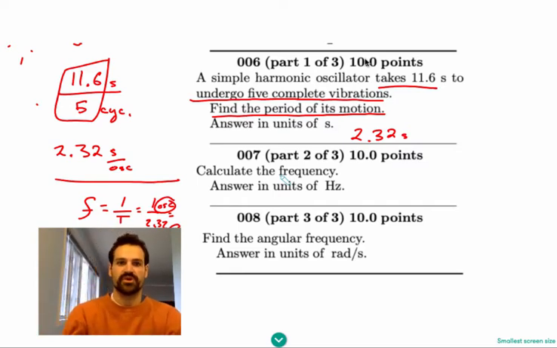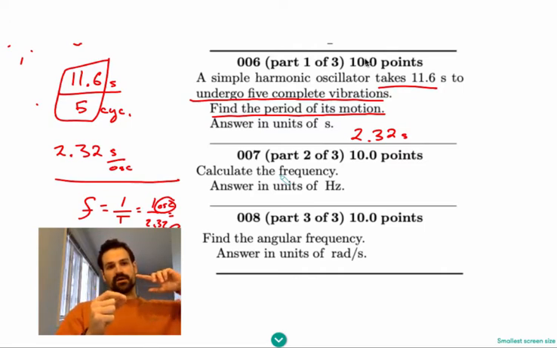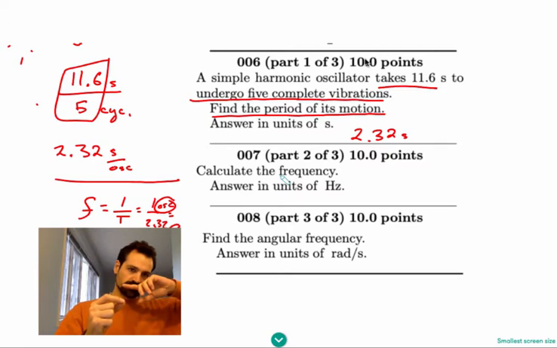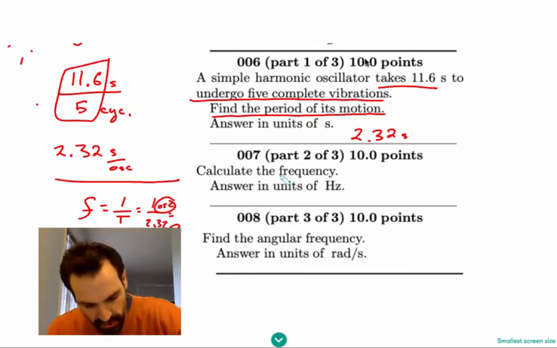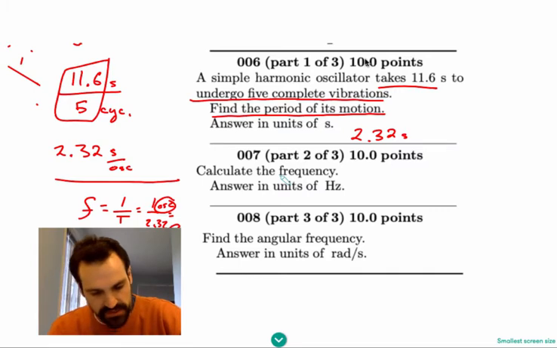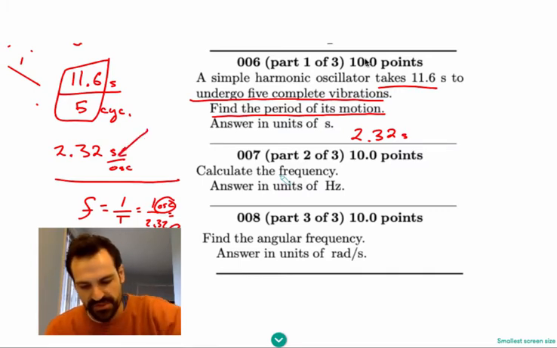Now, this is a good time to talk about frequency and period and how they're inverses. Both of them tell you the exact same information. It tells you it takes 2.32 seconds to do one full oscillation, or it does 0.43 oscillations every second. So hertz is oscillations per second, period is seconds per oscillation.